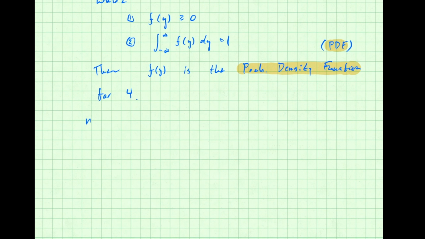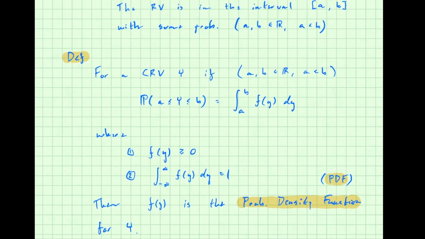All right, and so we'll just point out a couple of key features, since I buried the two conditions in the definition here. So notice some interesting things. One I've already pointed out. If Y is a CRV, notice that the probability of Y equaling little y is always 0. Because if you think about what's happening here, this is some sort of an integral.